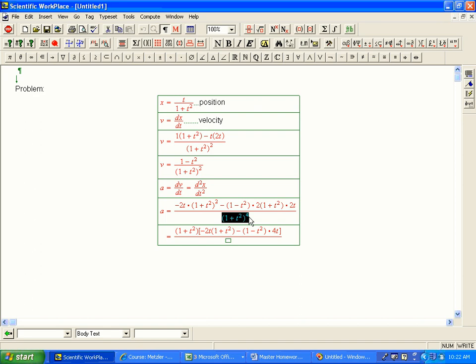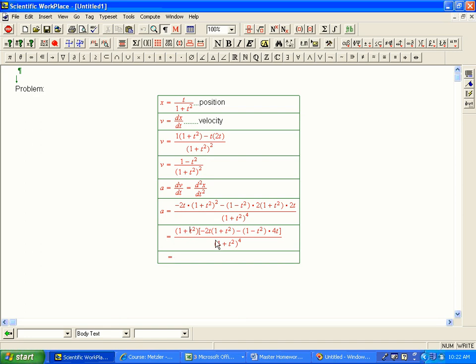And then over the bottom, unchanged. Now I can cancel out that one with one of these guys, and that goes away, and the exponent changes from 4 to 3.